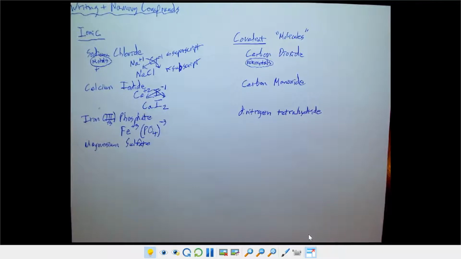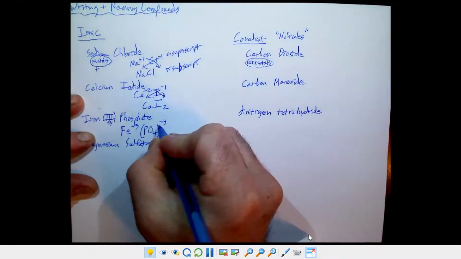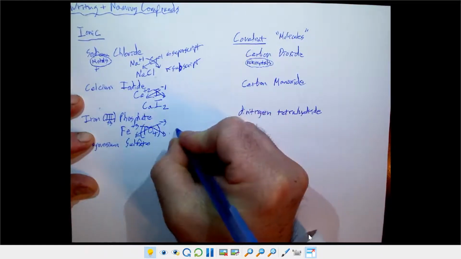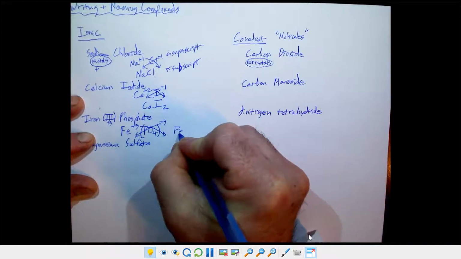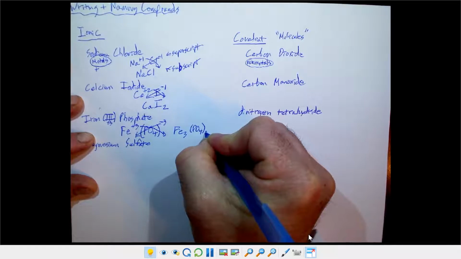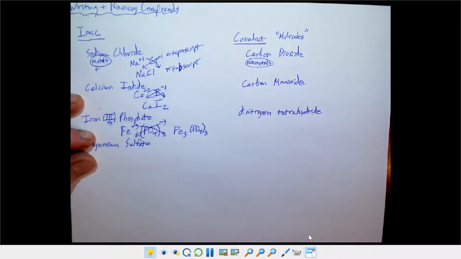Okay, now let's go ahead and swap these guys. All right, so if we swap them, this 3 comes down here. This 3 comes down here, and you end up with Fe3(PO4)3. Now something interesting happens, kind of like algebra here.